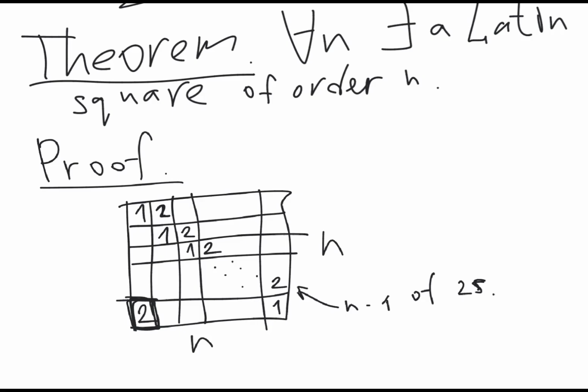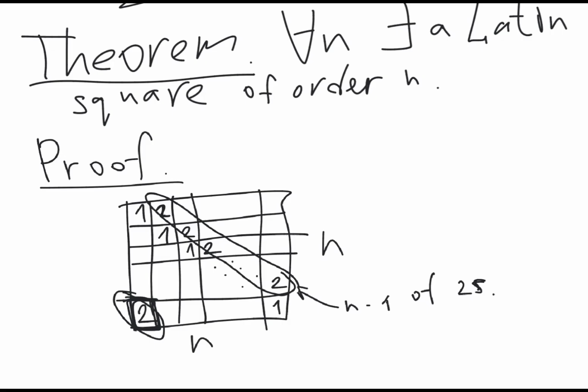We put 2 here as well, because this cell doesn't lie in the same row with any of the items on this diagonal. We can also write it modulo n.